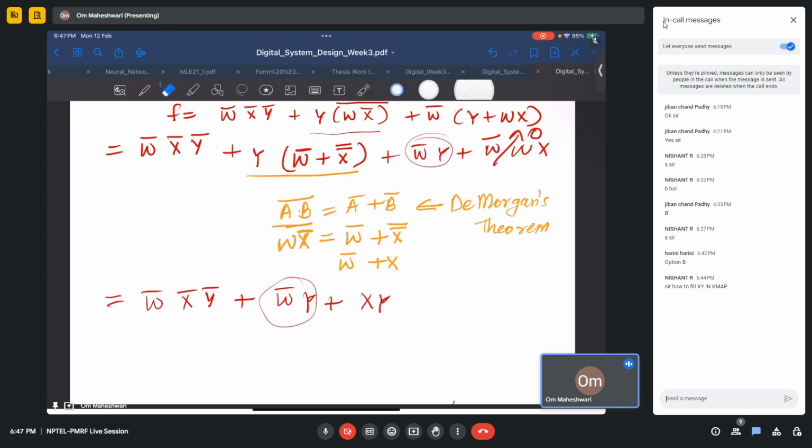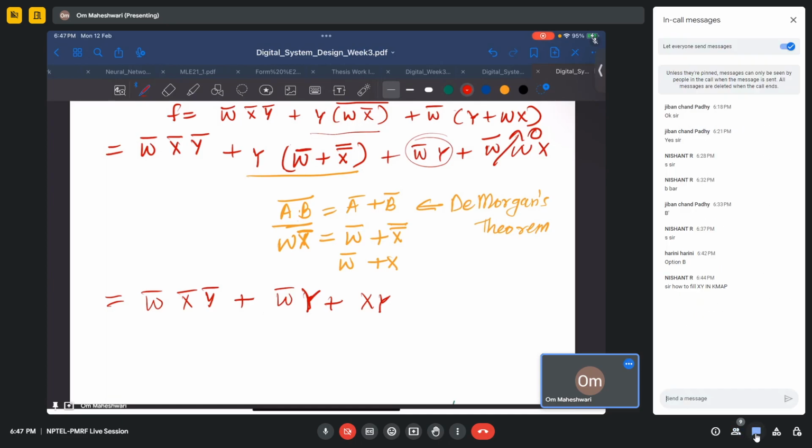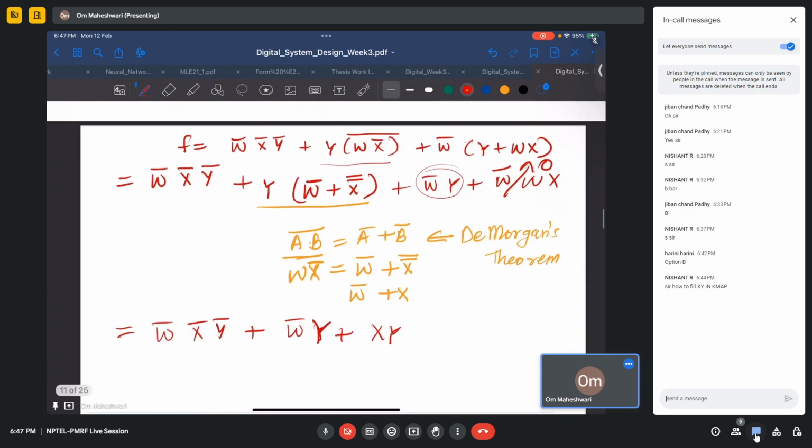So this is the final form which you have to make in the K-map. Okay. So till here, is it clear? Is there any doubt till here? Okay. So now let us move ahead to making the K-map.